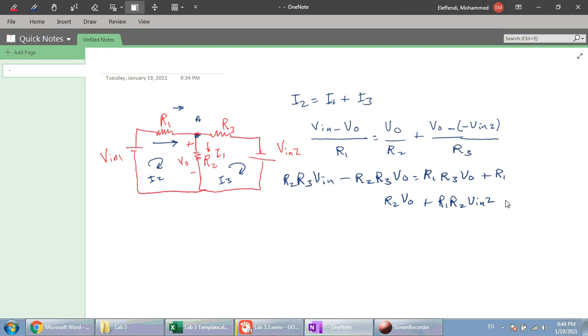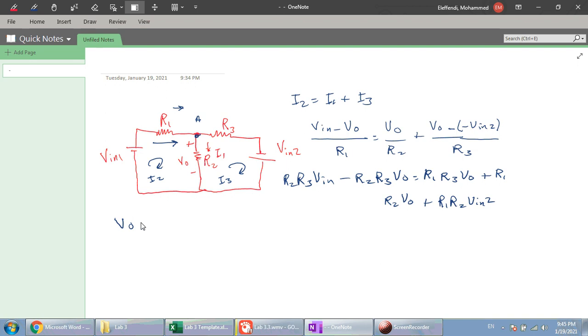Now remember that we are looking for V out equals K1 times V in 1 minus K2 times V in 2. So we want to take the terms with V out on the left and the other terms to the right. So here I have V out, here we have V out. So I'm going to take this term to the right.